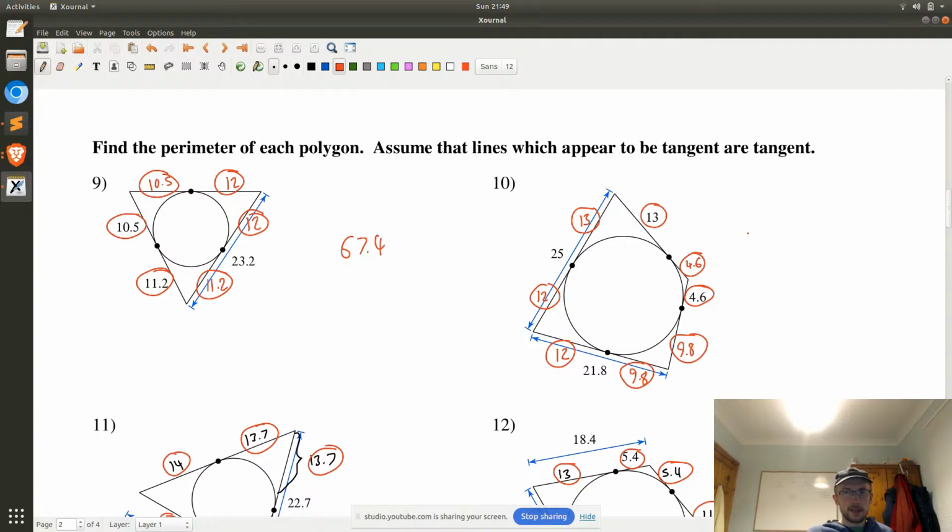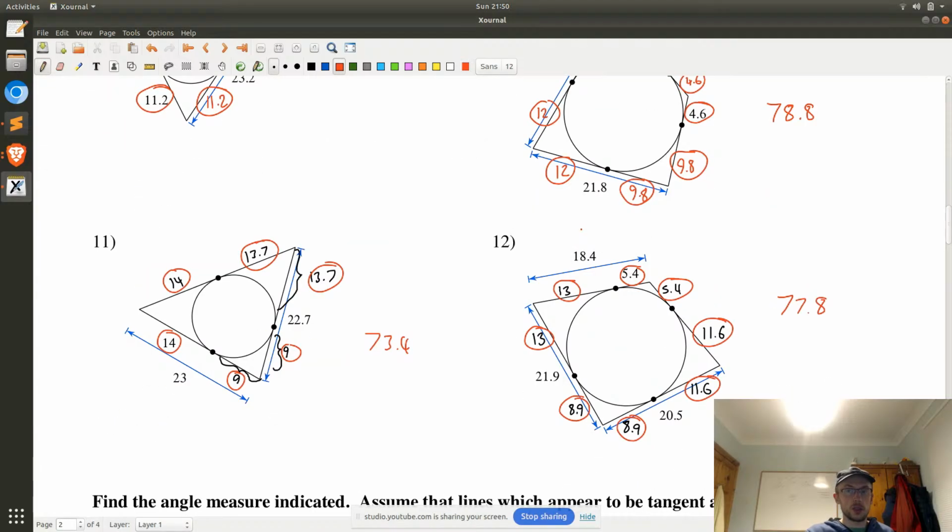So 26 and 24 makes 50. 9.8 doubled is 19.6. 4.6 doubled is 9.2. 19.6 and 9.2 is 28.8. And add that on to 50 and you get 78.8. And that's correct, and that's good.